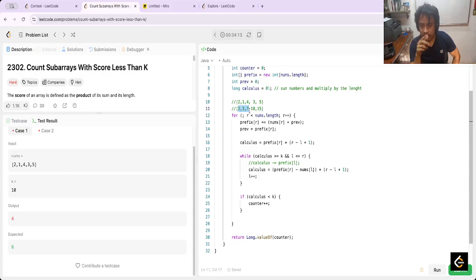And 5 multiplied by 2 is 10, it's still greater. Now it is wrong because it still is 7 less.